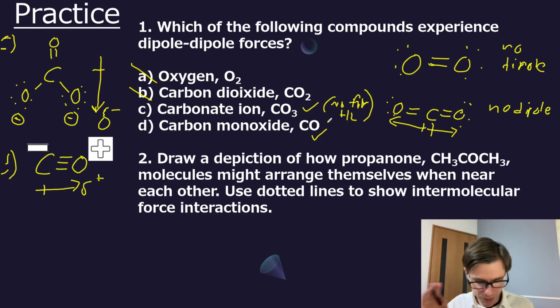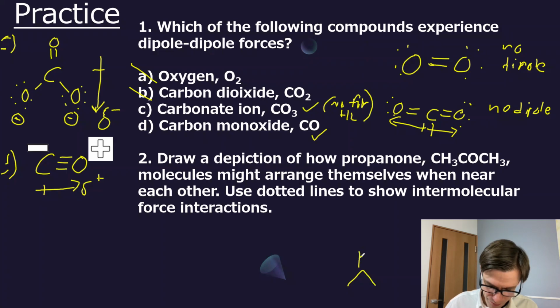Okay, and then number 2, draw a depiction of how propanone, CH3COCH3, molecules might arrange themselves when near each other. Use dotted lines to show intermolecular force attractions. So propanone, I'm just going to draw a skeletal structure. It's time that you get used to seeing this anyway. I've been using it earlier in the video as well. So the skeletal structure for propanone looks like this.